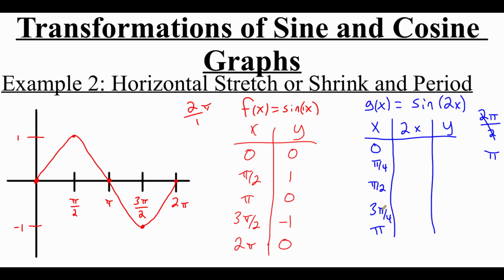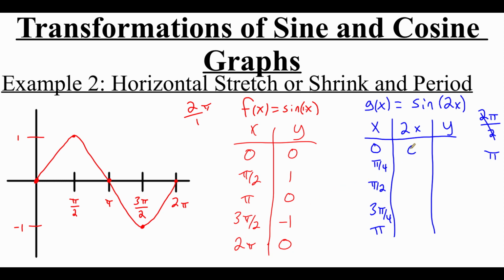So our x values are looking a little bit different this time in my x and y table. But I've got that 2x in the middle, and when I take all of these x values and multiply them by 2, that's what this 2x means, it should give me those original x values that we had from our first table.